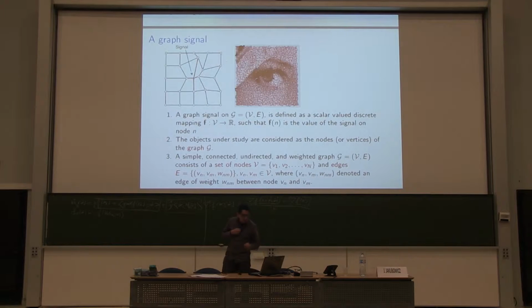So basically, what we call graph signal processing is this: we have a graph, so we have some edges and nodes, we have vertices. That is the classical graph theory.